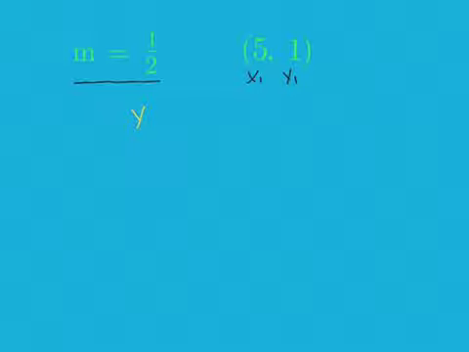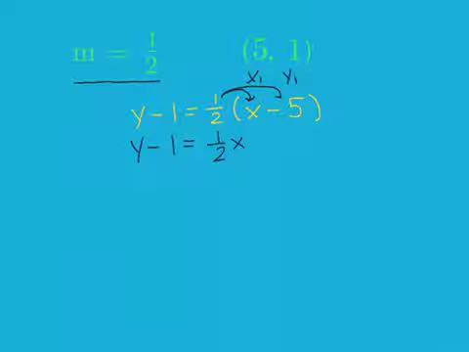So y minus 1, which is y1, is equal to m times x minus x1, which is 5. Again, we need to start by clearing those parentheses, which means we have to distribute the 1/2. So y minus 1 is equal to 1/2 x.